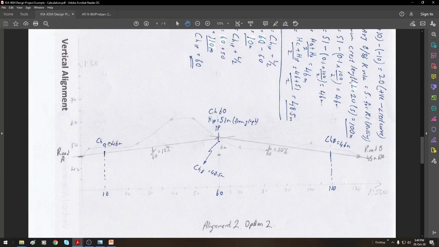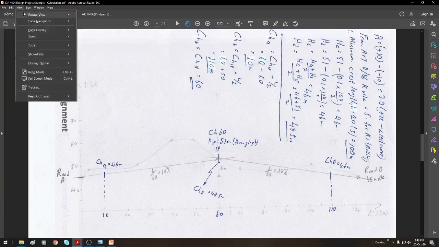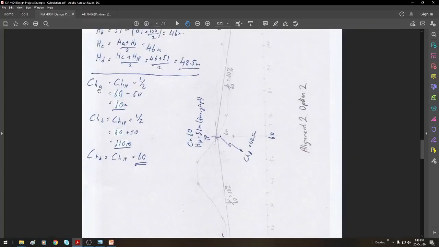Next, we need to calculate the chainage. Where is the location of point A, point B, and point D? The chainage of point A equals chainage of IP minus half of the length of your curve. Your length is 100, so half of it is 50. So 60 minus 50 is 10 meters.